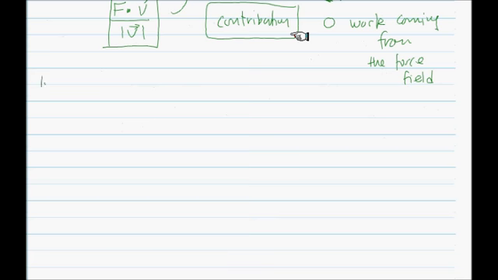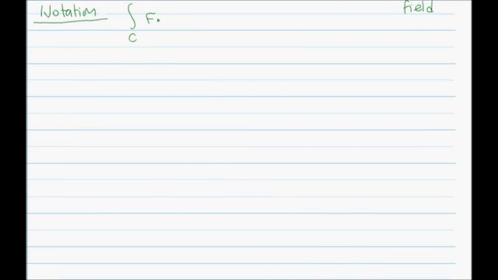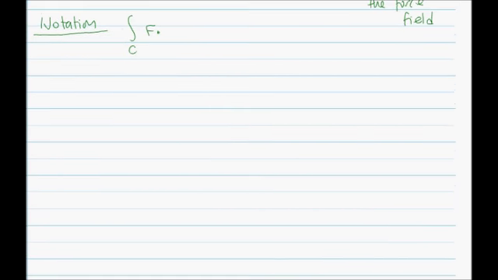Here's some interesting notation they introduce, especially for this line integral of a vector field. The vector field line integral is defined like this as a line integral. And then I just introduce this notation also, F dr. These both are just notations of a line integral of a vector field.